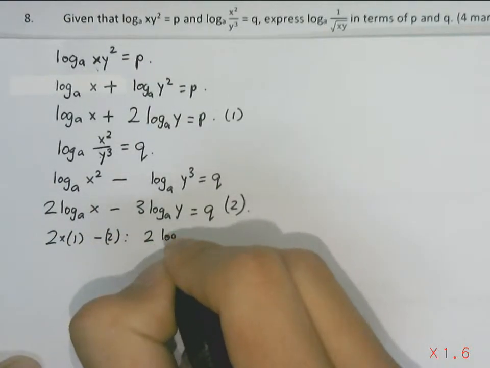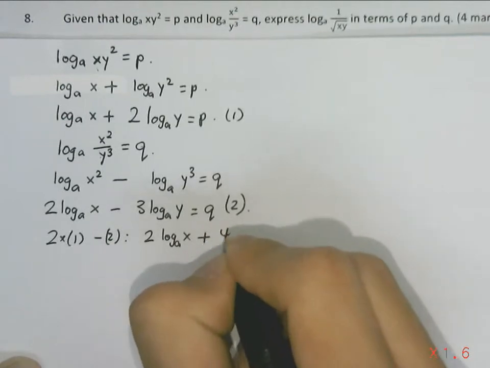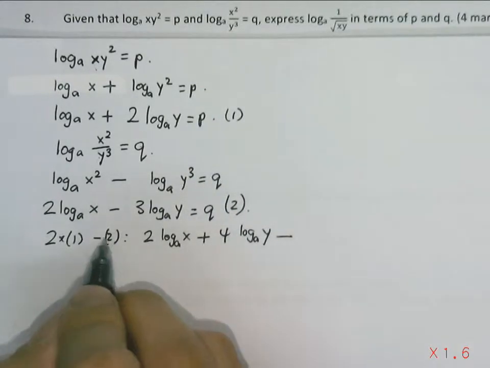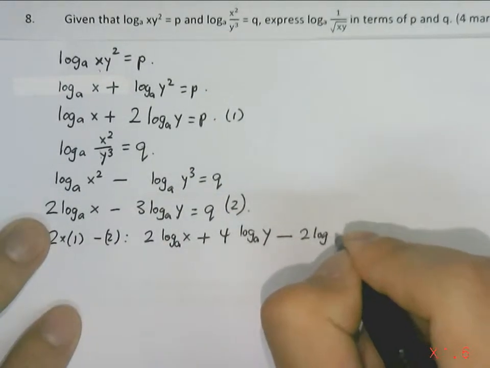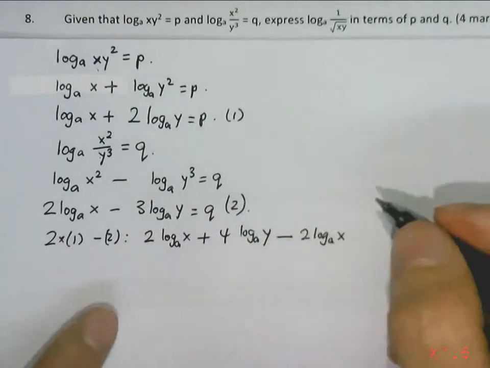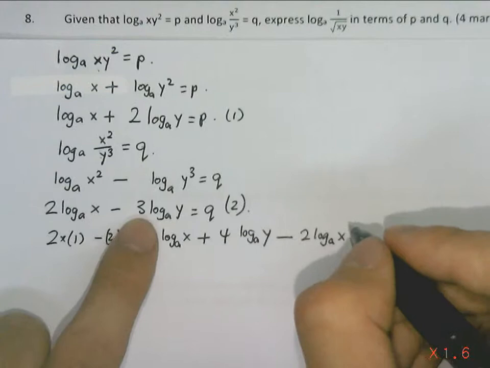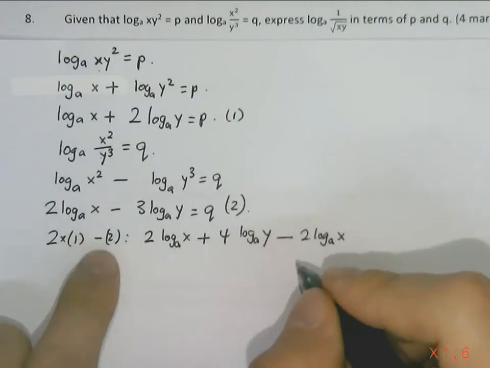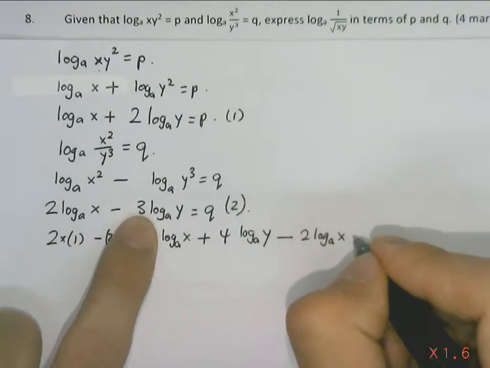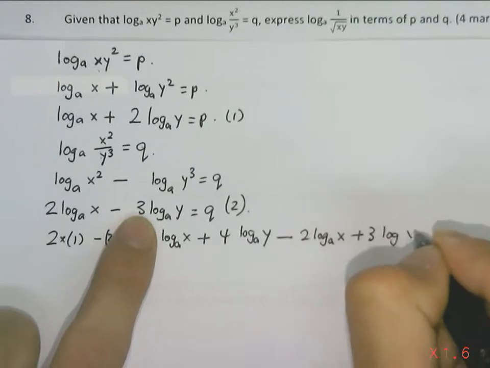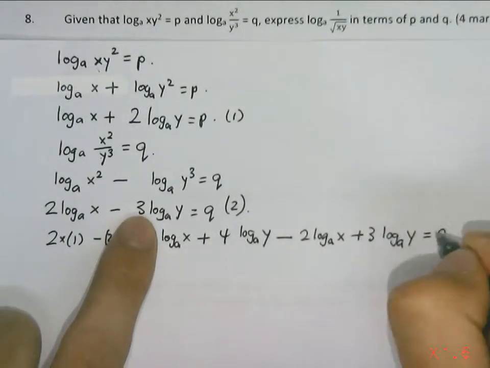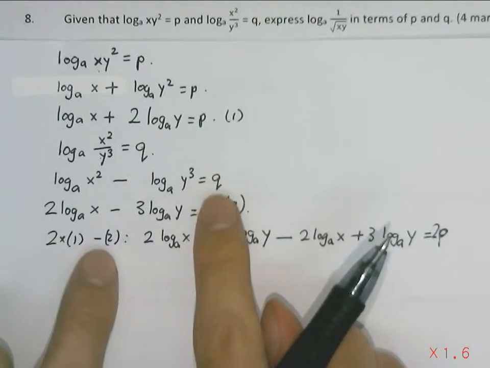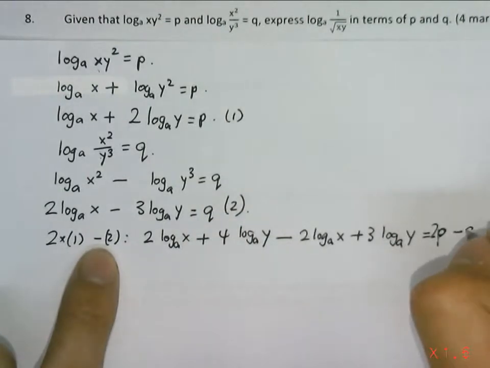So 2 log x base a plus 4 log y base a, minus equation 2, so minus 2 log x base a, and minus 2 times, and 3, a negative times negative 3, so we plus 3 log y base a equals to 2p minus q, because 2 times of equation 1 minus equation 2, so the right side is 2p minus q.